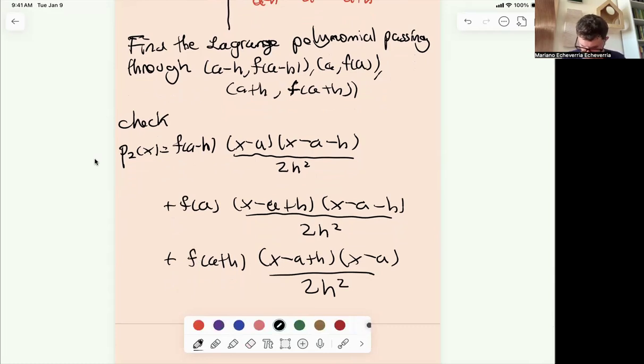So you get this polynomial of degree 2, right? It's a quadratic polynomial. It depends on x squared, as you can see here.